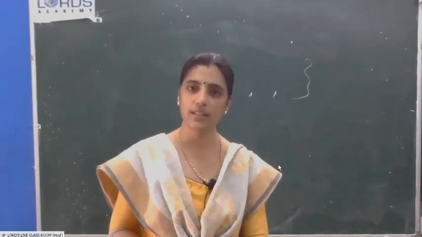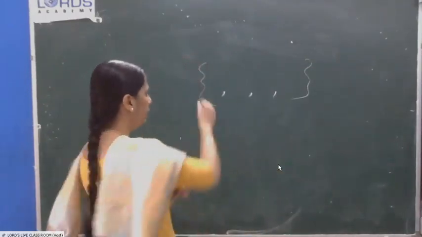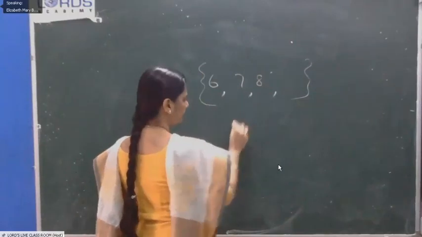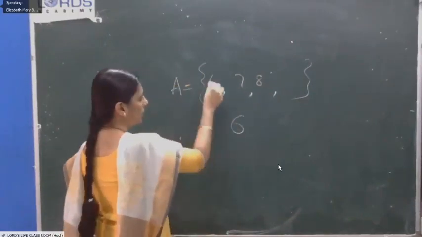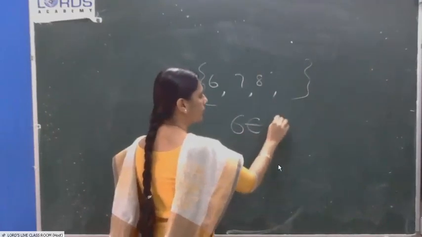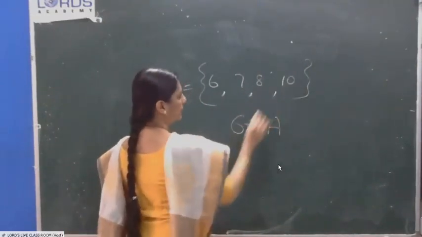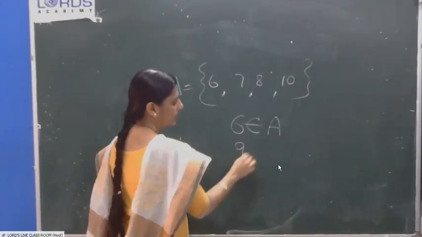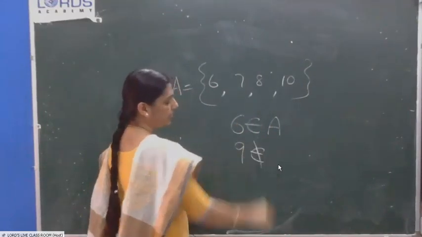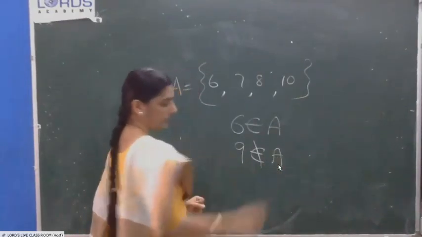Each member is known as an element of the set. If 6 is an element of A, we can say 6 belongs to A. If 9 is not an element of A, you can say 9 does not belong to A, like that.